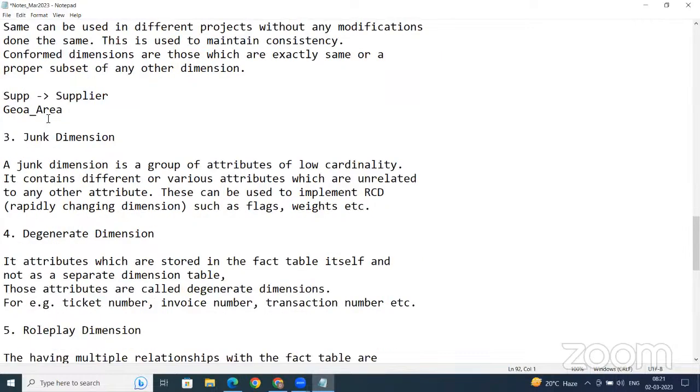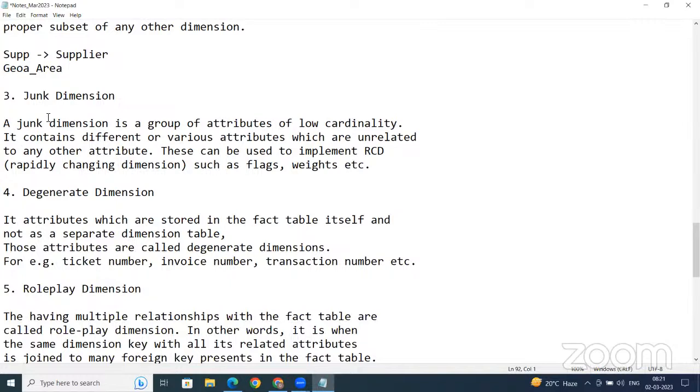And the next one is junk dimensions. So what is meant by a junk dimension? There are some weights and flag values that we won't do anything with.